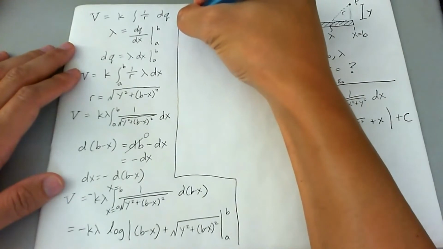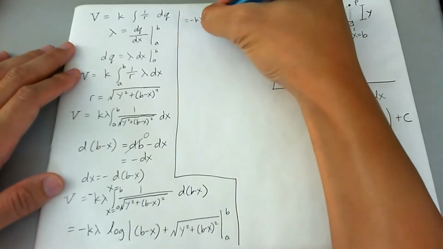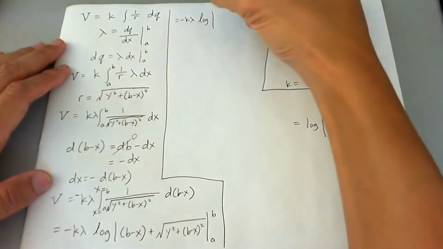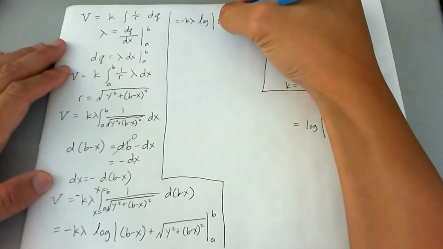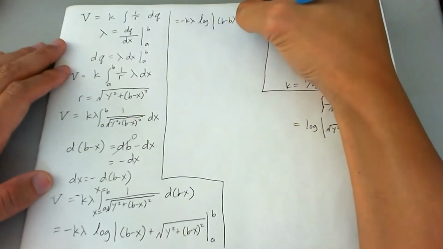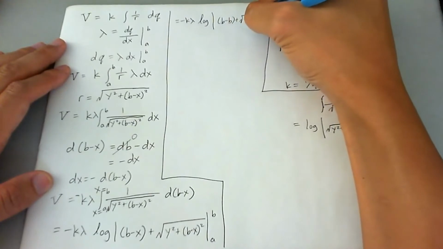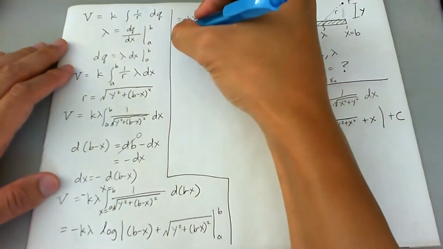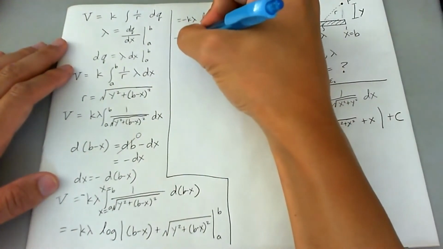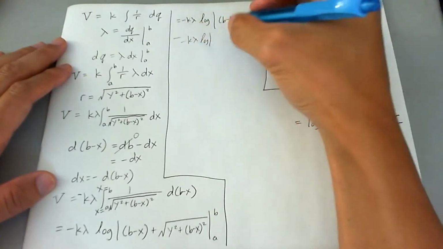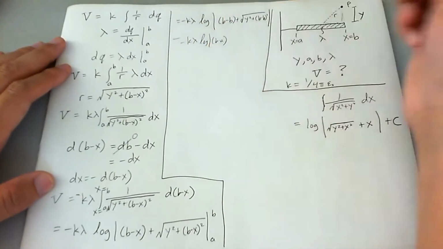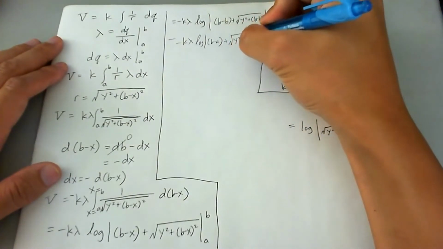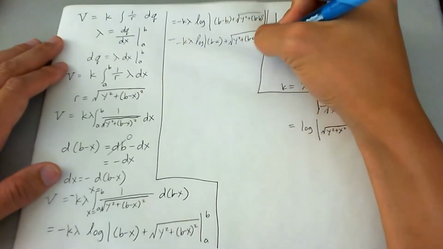So this will become k lambda log of b minus b plus the square root of y squared plus (b minus b) squared, minus negative k lambda log of b minus a plus the square root of y squared plus (b minus a) quantity squared.